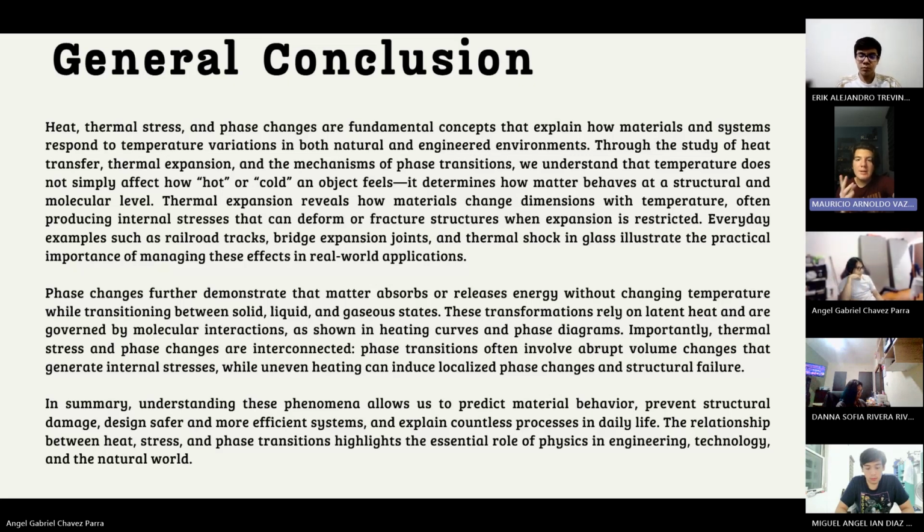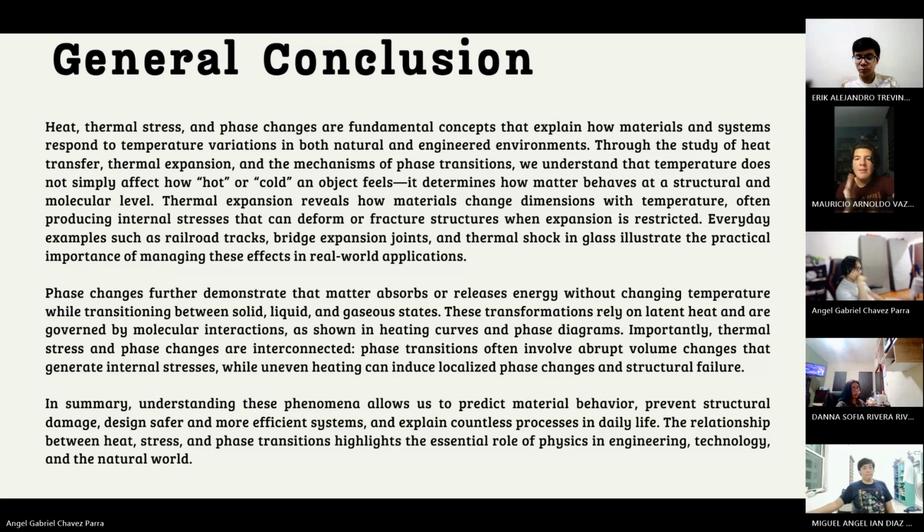Thermal expansion reveals how materials change dimensions with temperature, often producing internal thermal stresses that can deform or fracture structures when the expansion is destructive.